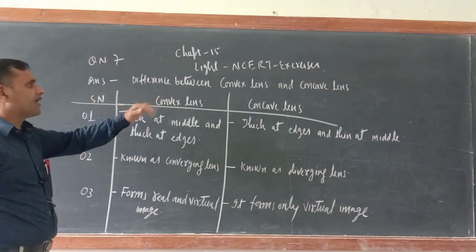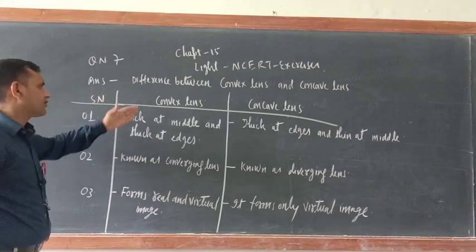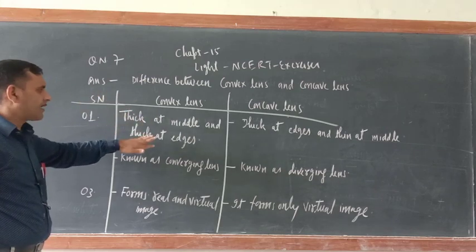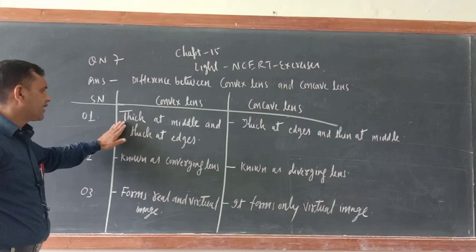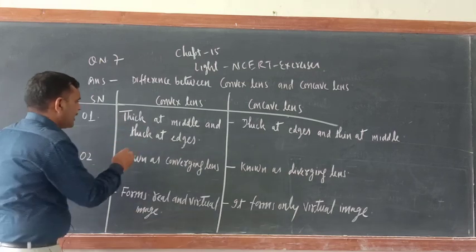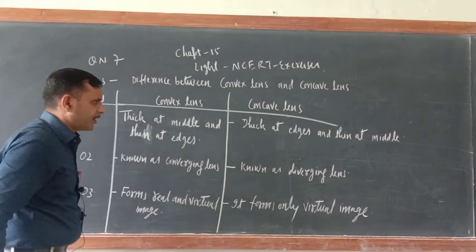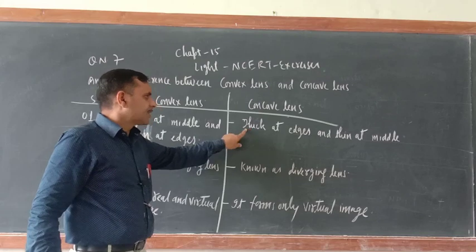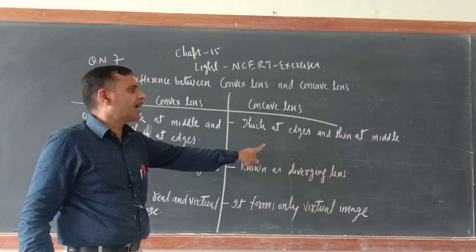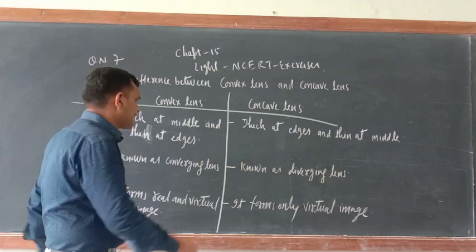The difference between convex lens and concave lens is as follows. You know this one. Convex lens is thick at the middle and thin at the edges. Concave lens is thick at the edges and thin at the middle. You know the shape also.